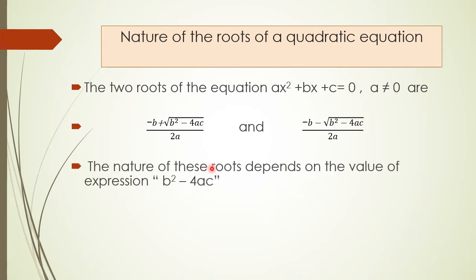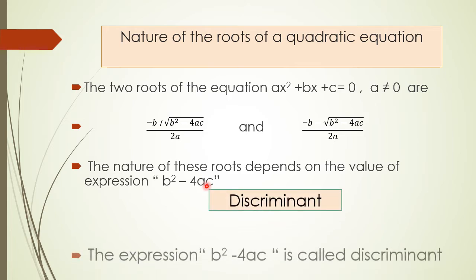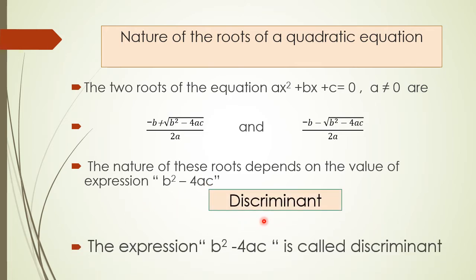The nature of these roots depends on the value of the expression b² - 4ac, and this expression is called the discriminant. So students, the definition of the discriminant is: the expression b² - 4ac is called the discriminant.